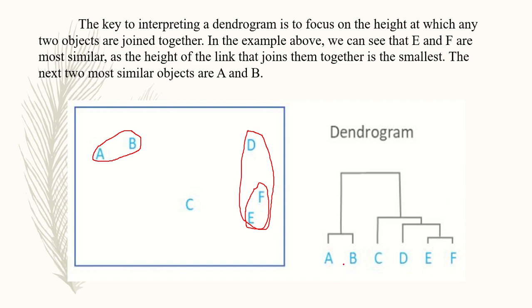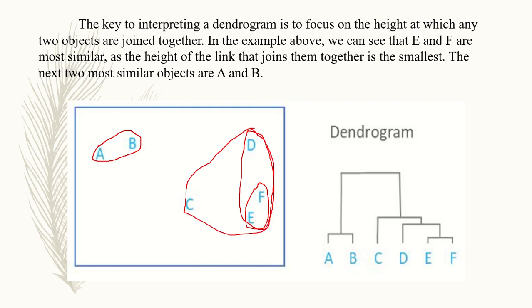Now at this stage, how many clusters are there? 1, 2 and 3. This is one cluster, C is one cluster, and these 3 form one cluster. Next, the distance between this and this: C is nearest to this cluster, so C is allocated to this cluster.